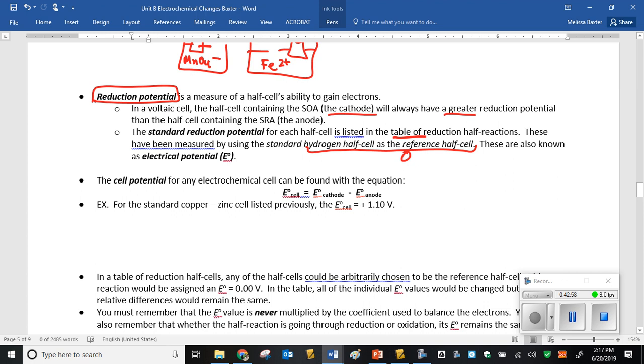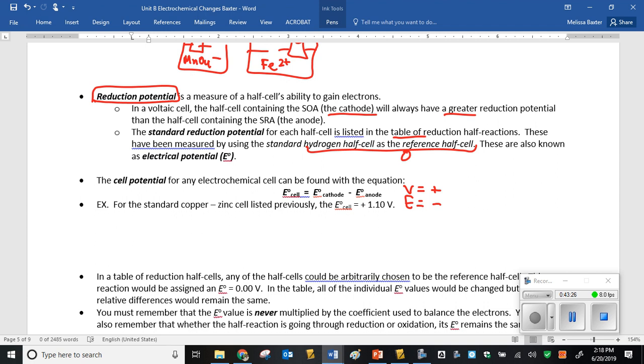Okay? Now, if we're looking for the potential of a cell, it should be cathode minus anode. Voltaic should be positive. Electrolytic should be a negative number, and sometimes that can knock out 2 multiple choice answers if you know that principle. Does anyone have questions about cell potential?